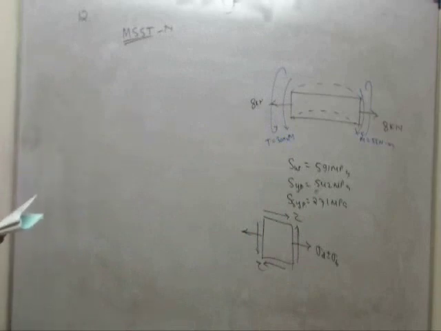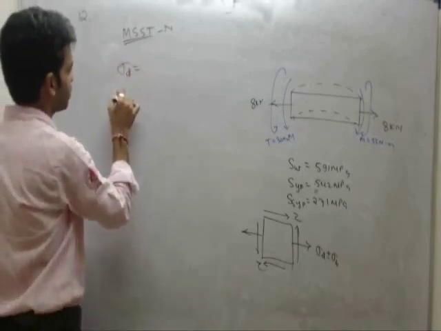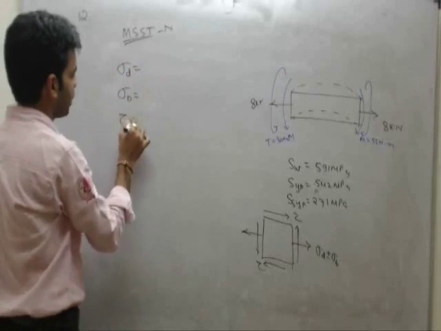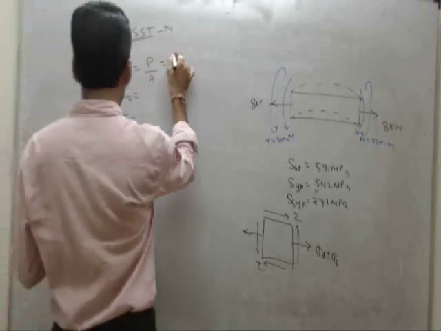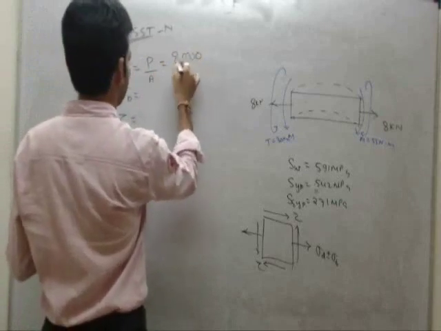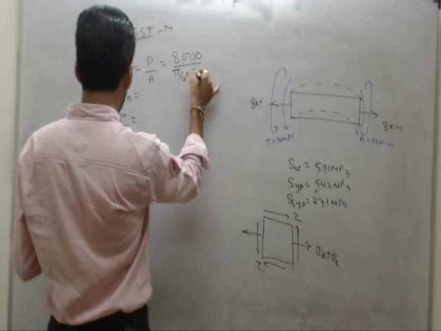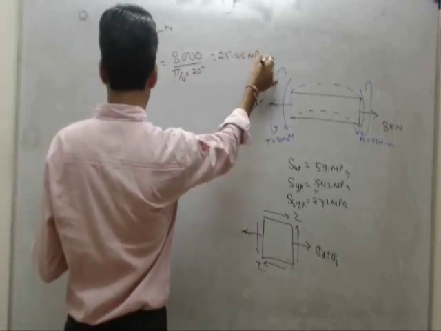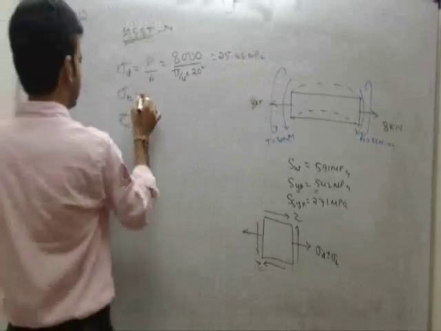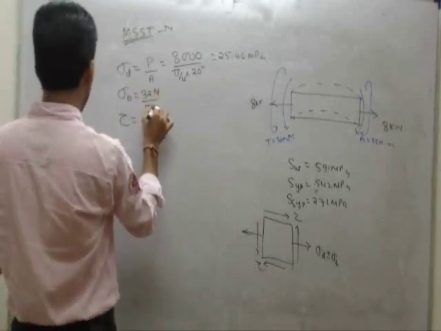Okay. Now, for this, just determine the value of sigma direct, sigma bending, and tau. What is sigma direct? P by A. P is given as 8 kilonewton, 8000 Newton, divided by pi by 4 d square, 20 square. So this will be equal to 25.46 megapascal. First thing. Second, sigma bending is 32 M by pi d cube.